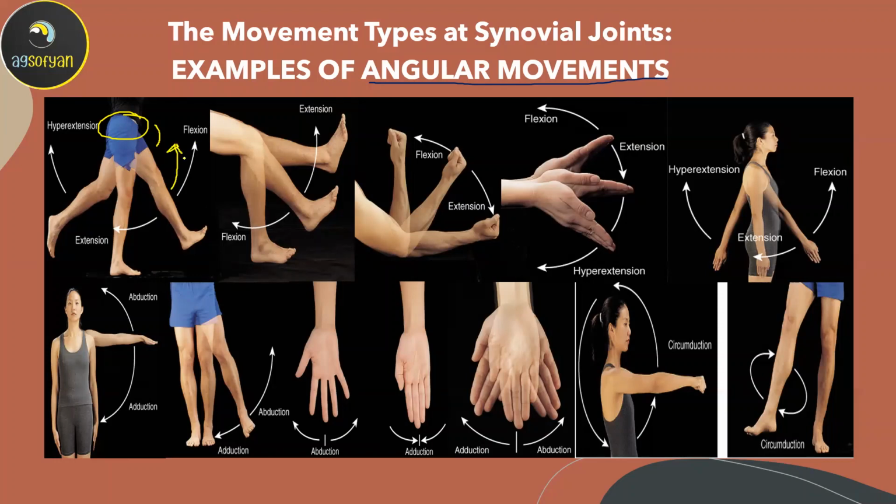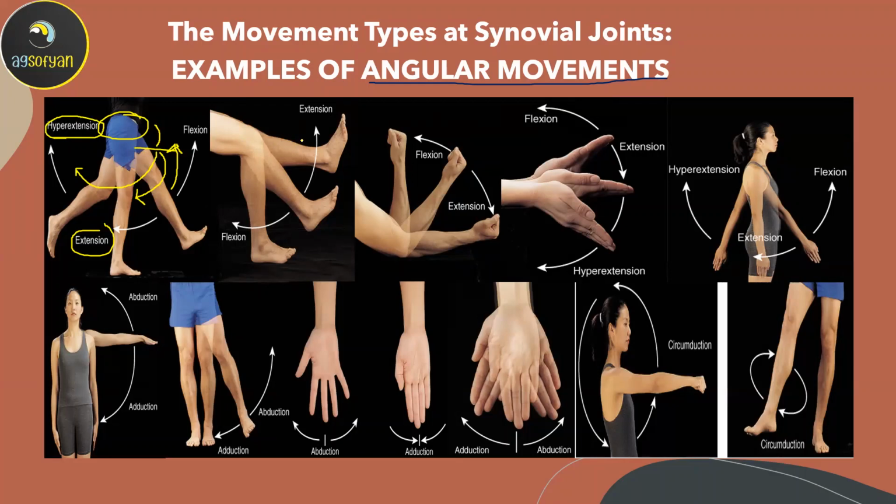That's flexion. If we increase the angle, let's say from 90 to 180, this is what we call extension. We can move more than 180, let's say maybe 270 degrees, and this is what we call hyperextension.